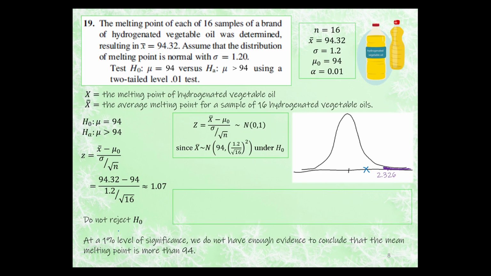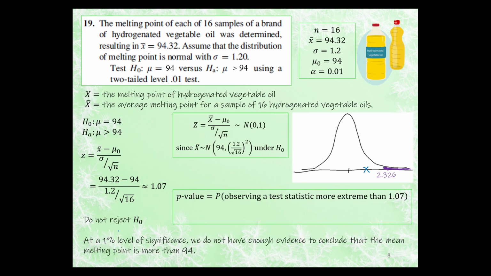Now, just a reminder, we looked at this test, we found a test statistic of 1.07, and we did not reject the null hypothesis because you could see from the sketch that the test statistic is not in the rejection region. So now, if we want to calculate a p-value, it means that we want to calculate the probability of observing a test statistic more extreme than 1.07.